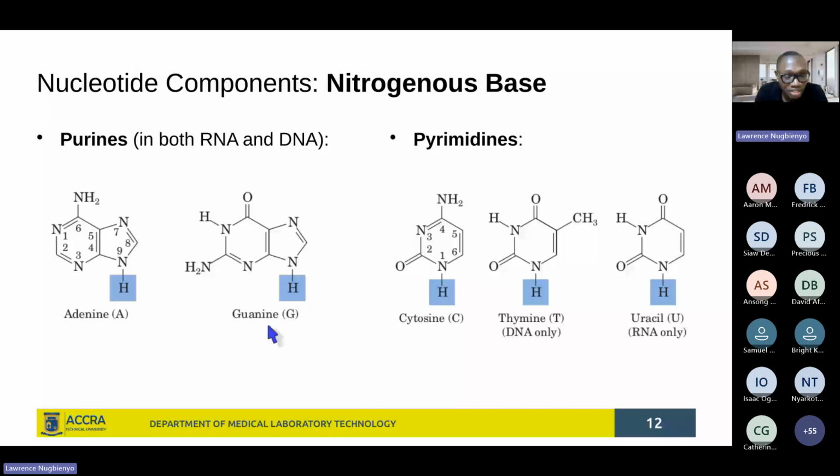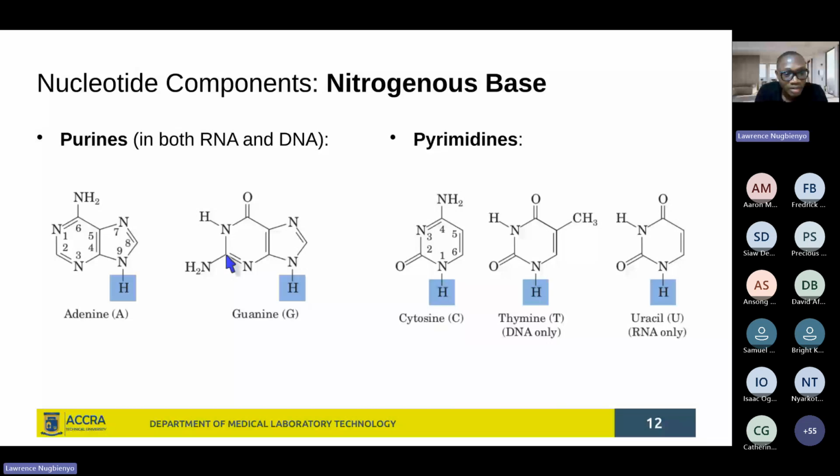And how do you distinguish between adenine and guanine? You see, adenine is having an amine group on carbon number 6. If you take guanine, you see that on that same carbon number 6, you are having a double bond O. It's an oxygen rather than that amine group. And you have an amine group on carbon number 2. So quickly you can distinguish between adenine and guanine.